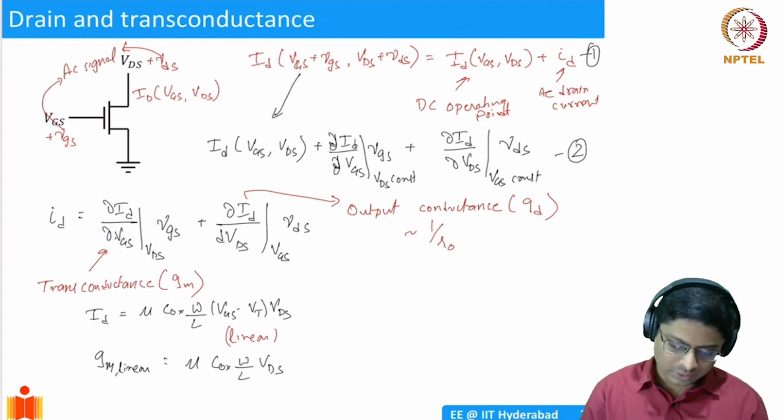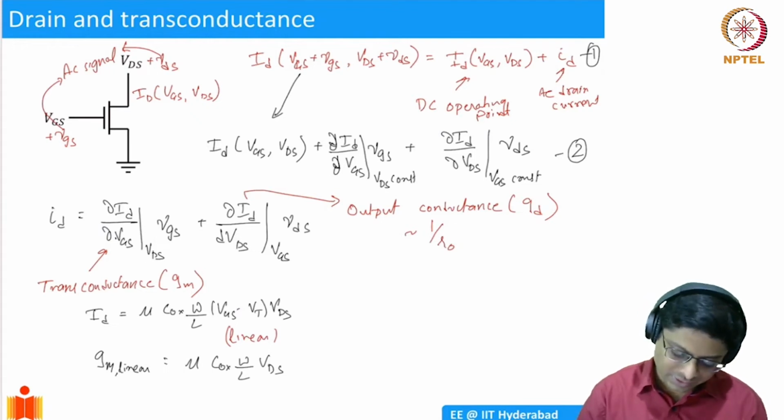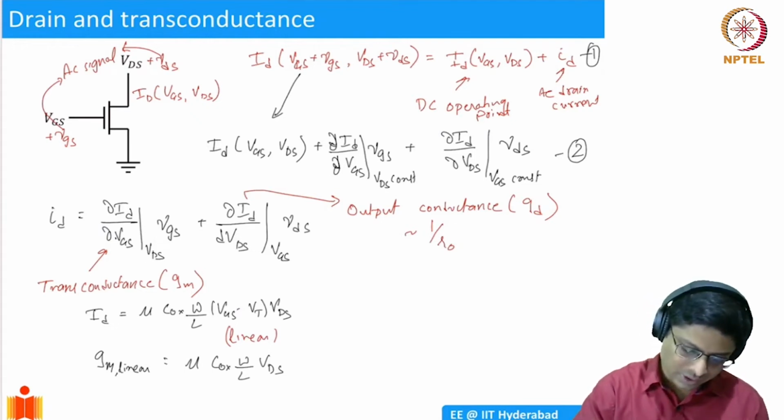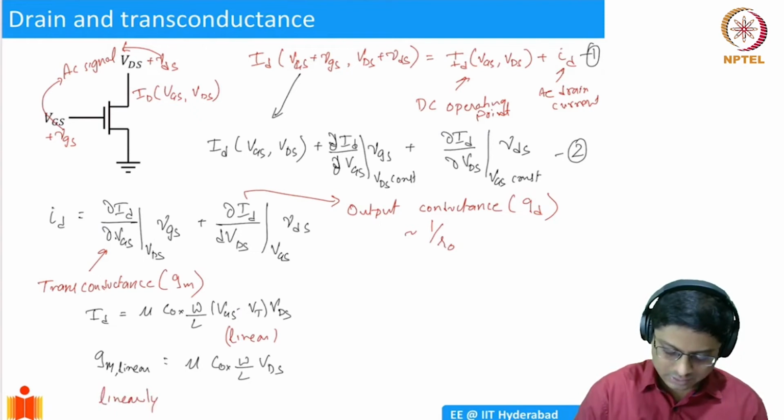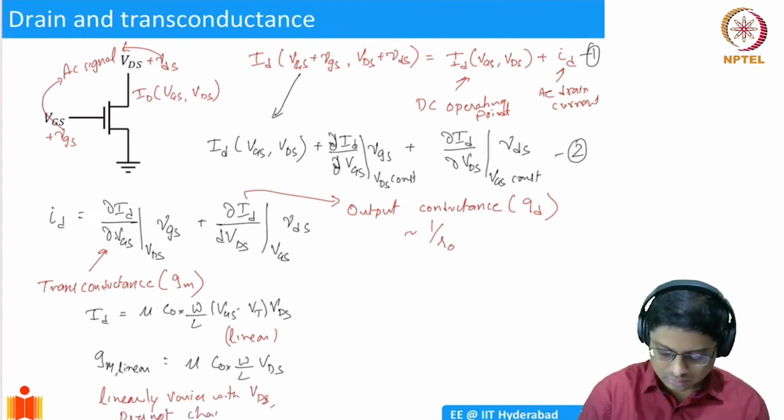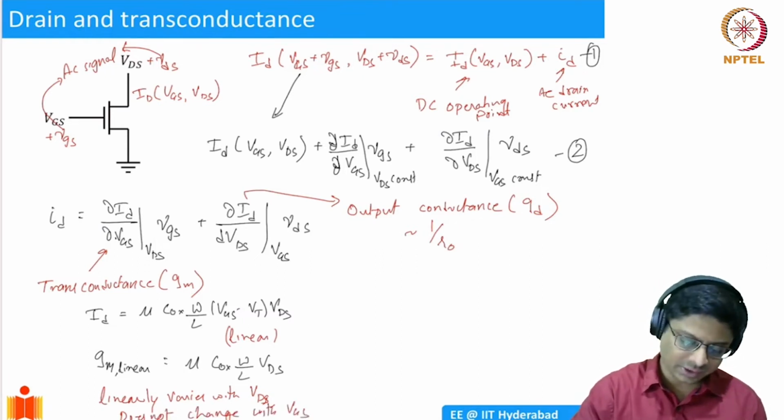So here you see that the transconductance varies linearly with VDS, and does not change with VGS. This is the linear transconductance.